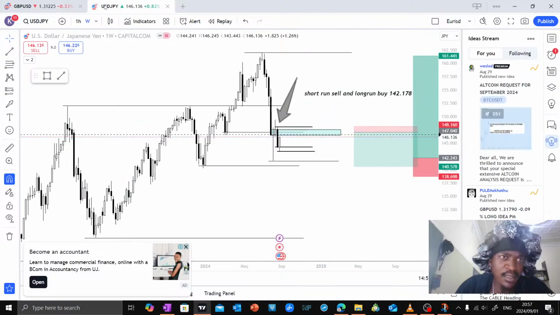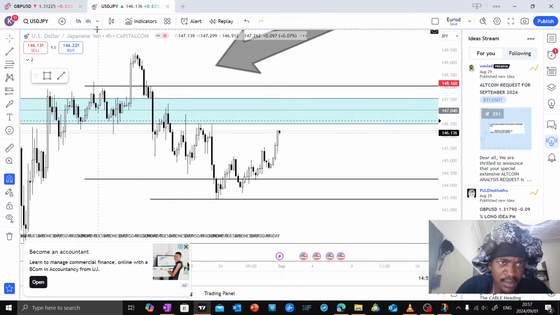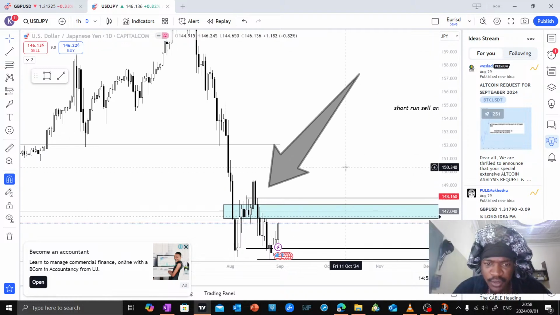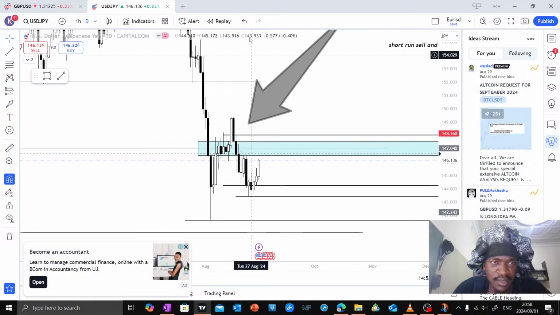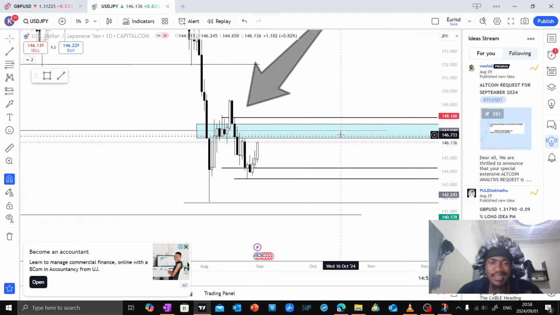Then we can go back in here, go to the 4 hour. I mean the daily. Right now, let's look at the daily. Can you see the daily? This blue region, that's the region where we had the proper reversal.